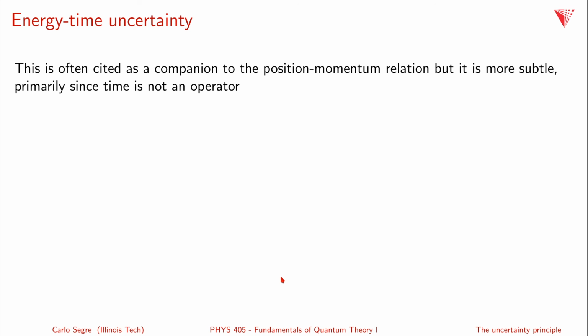All right. So the final topic here is the energy-time uncertainty. You probably have often heard that position-momentum is sort of complementary to energy-time uncertainty. But it's a much more subtle thing because time is not an operator.